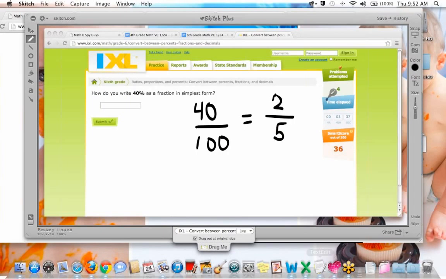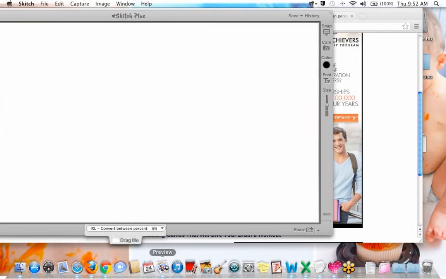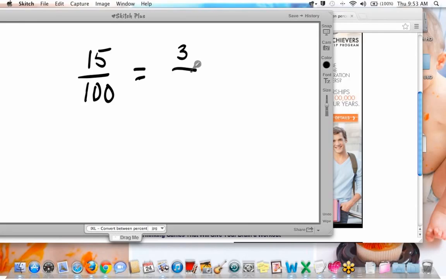I'm going to show this one. I wish it would just clear my board each time, but it doesn't. So, all right, 15 hundredths. And I'm trying to reduce this to the simplest fraction possible. I know that both of these numbers are divisible by 5. So if I divide 15 by 5, I'm going to get 3. And if I divide 100 by 5, I would get 20.